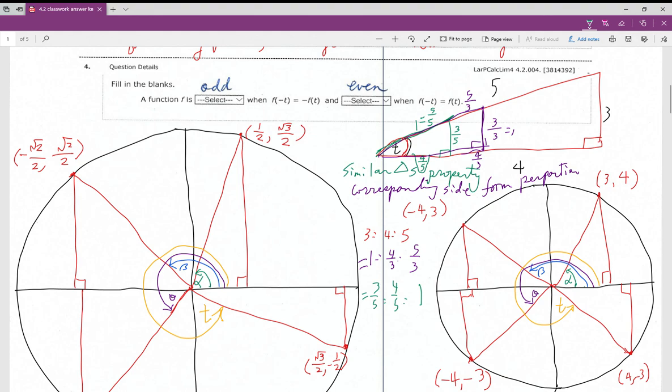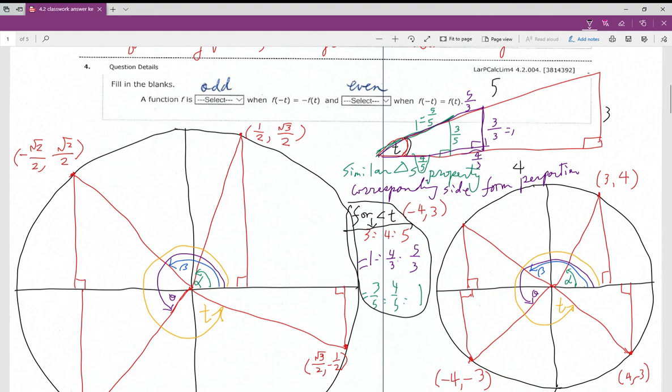So when we talk about the same angle, this is the similar triangle property: they can go back and forth. If we have angle T, we guarantee that this thing will happen.